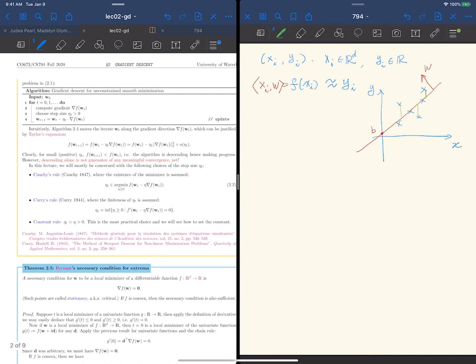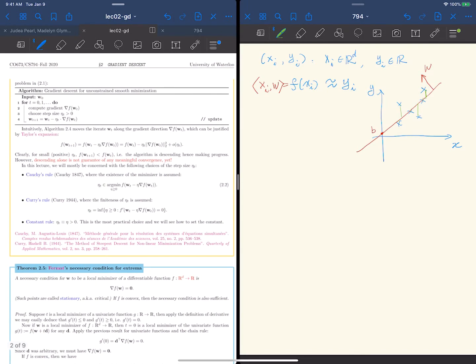We've already seen this algorithm last time in a more general setting. Here we just specialize everything to gradient descent. The algorithm is extremely simple. First, you find an initializer W0. You got your W0 here. It can be anything, just pick it randomly. And then you're going to compute the gradient at the current point, and you're going to choose the step size.